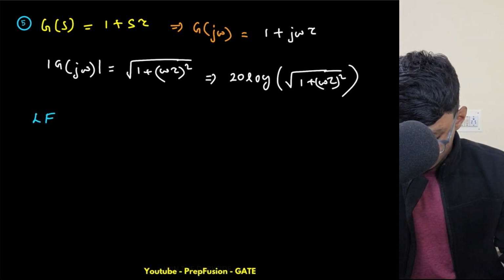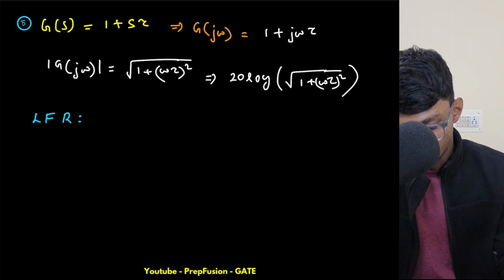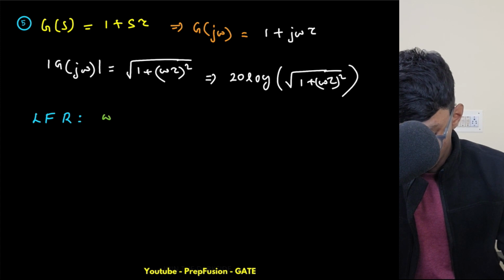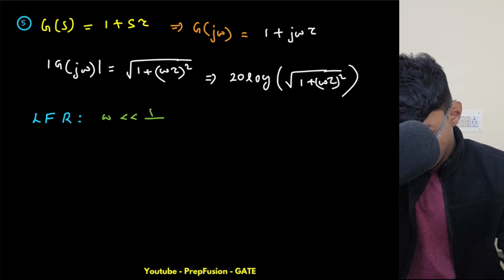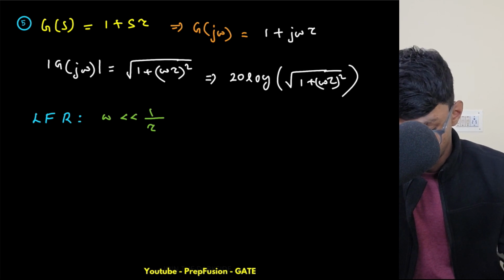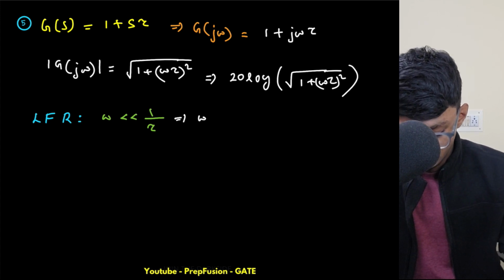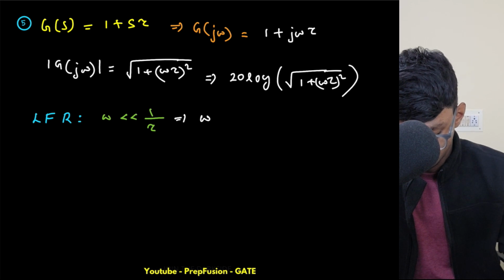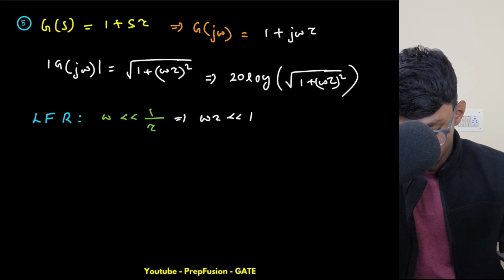So the low frequency region. What is the low frequency region? My omega is much less than 1 by tau. Then that means that my omega tau is much less than 1.